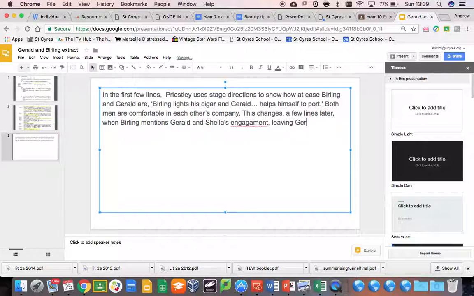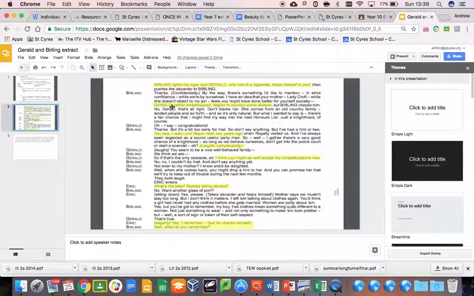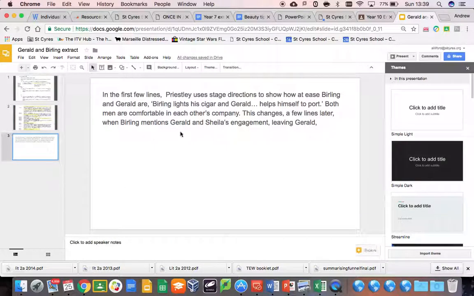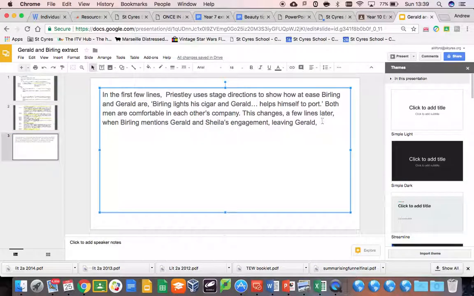Leaving Gerald. So what I'm trying to do is make the quote part of the sentence, what we call embedding, making Gerald rather embarrassed. Okay, again that was stage directions.